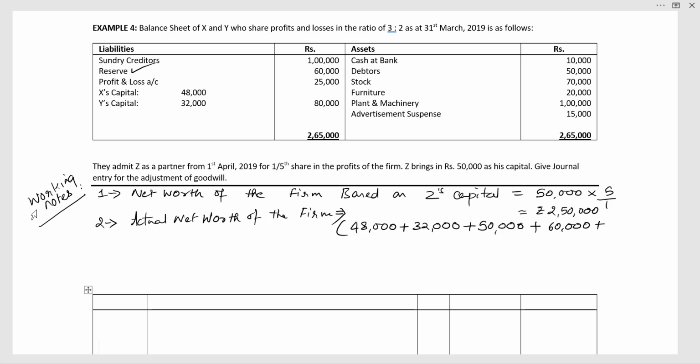We will also add the P&L account credit balance, the accumulated profit appearing at rupees 25,000, and we will deduct the fictitious asset, which is rupees 15,000 appearing on the asset side of the balance sheet. So the answer for this is rupees 2 lakh.